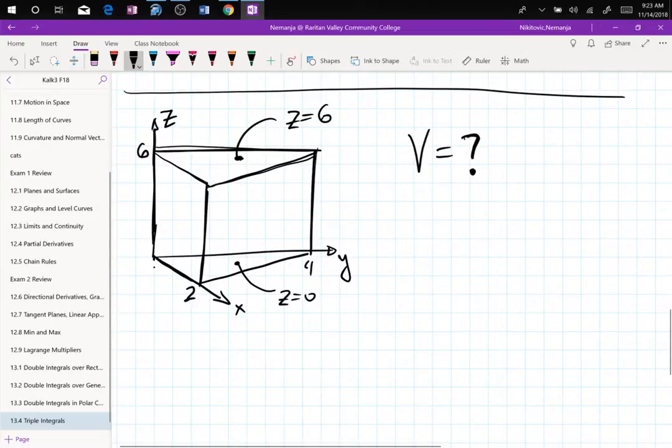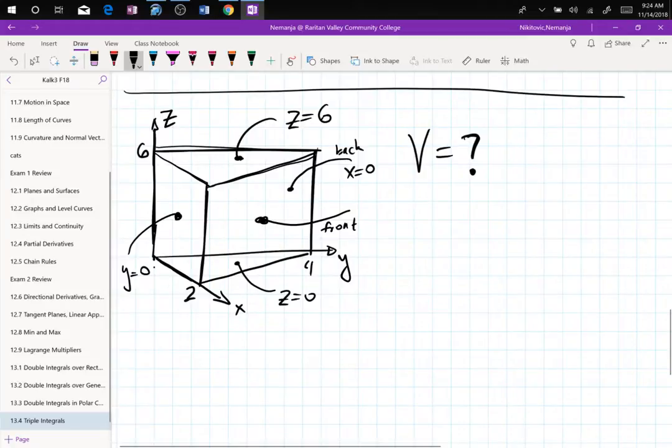I have this one on this side, and that's y equals 0, because it's the xz plane. Then I have the one in the back, and that one is the yz plane, so that's x equals 0. That's good.